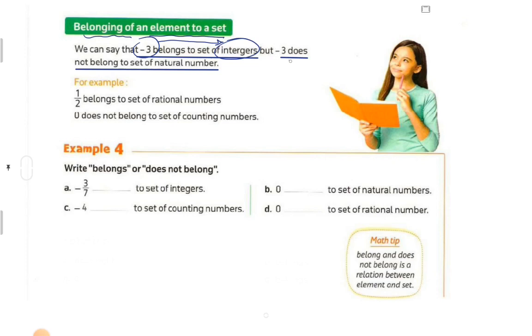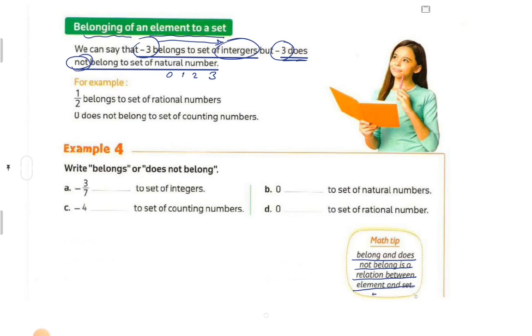But negative 3 does not belong to the set of natural numbers, because natural numbers start with 0, 1, 2, 3, and negative 3 is not in that set. So belong and does not belong is a relation between an element and a set.